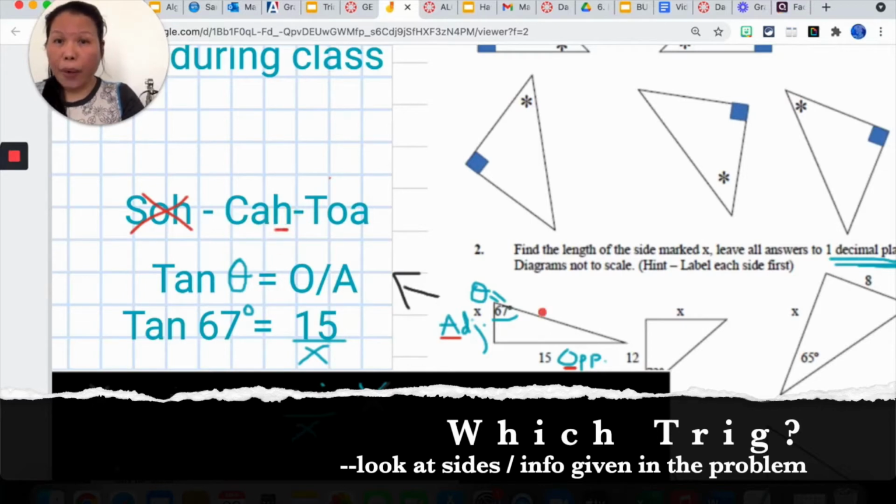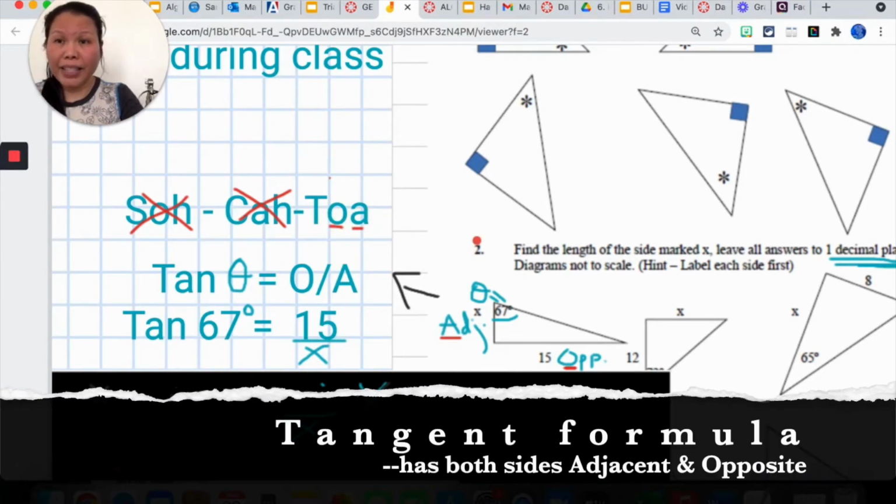We have nothing on the hypotenuse, and therefore we're not going to select this formula that has hypotenuse in it. I cross it out. The only one that has the O and the A is the last one. TOA has the tangent formula, and it has the letter A and the letter O, which stand for side adjacent and opposite. I'm going to go ahead and use this.